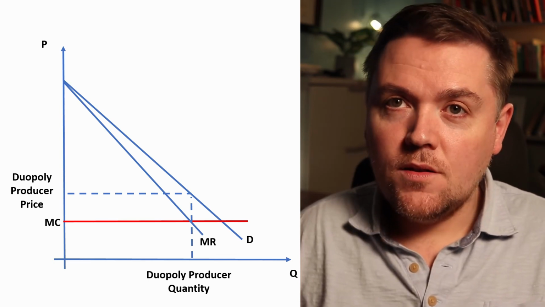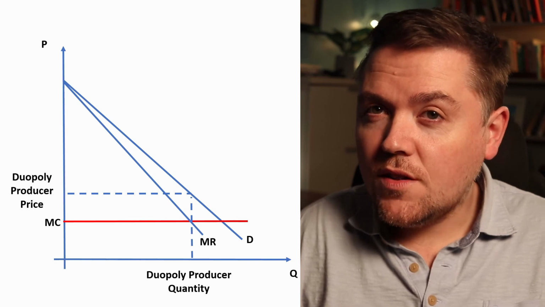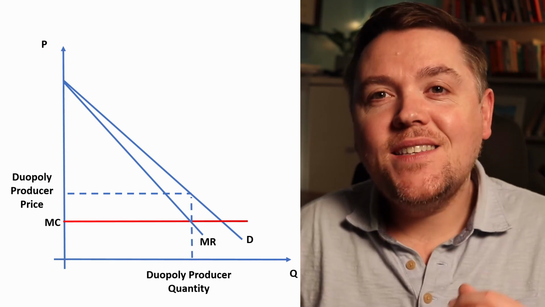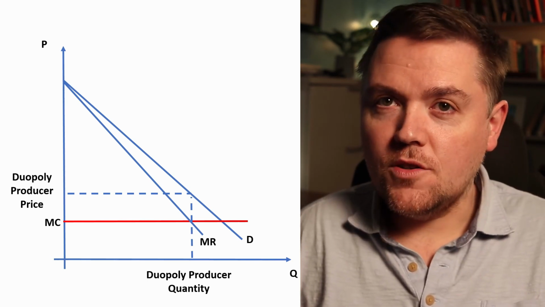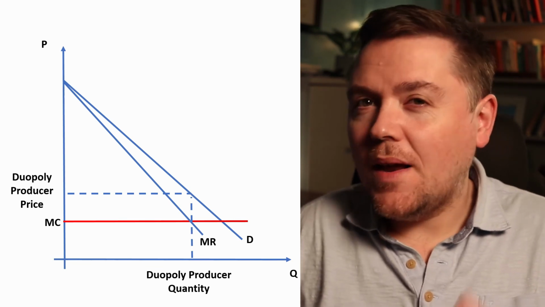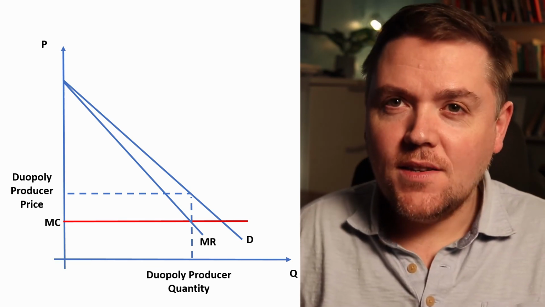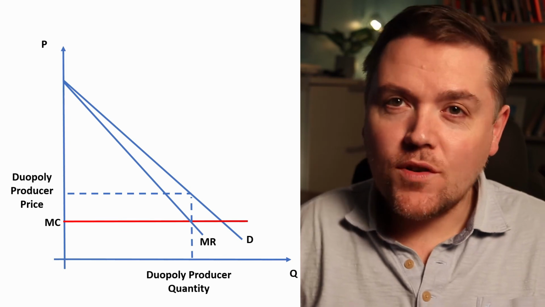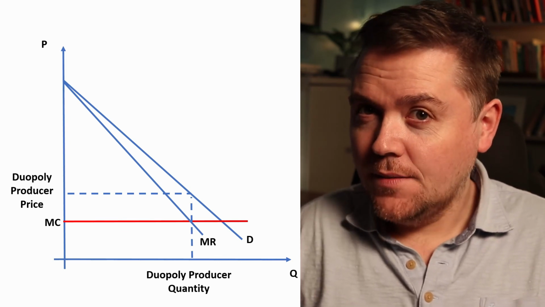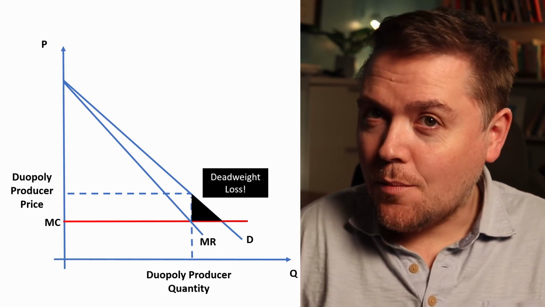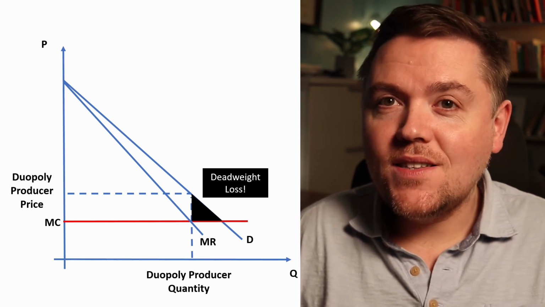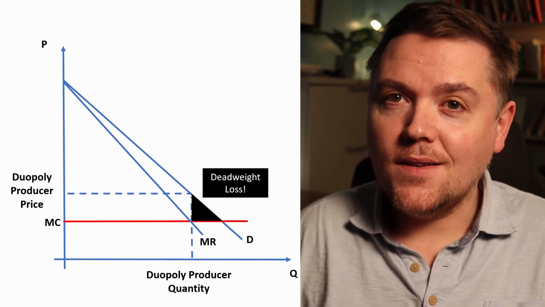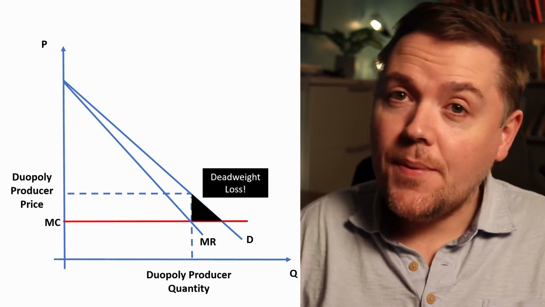This is because when a duopolist lowers their price a little, they can steal some of the other firm's customers, meaning that whatever they lose by lowering the price, the price effect, is mostly made up for by gaining more sales, the quantity effect. Because the marginal revenue is more similar to the price, a duopoly creates only a small area of deadweight loss relative to a monopoly producer.